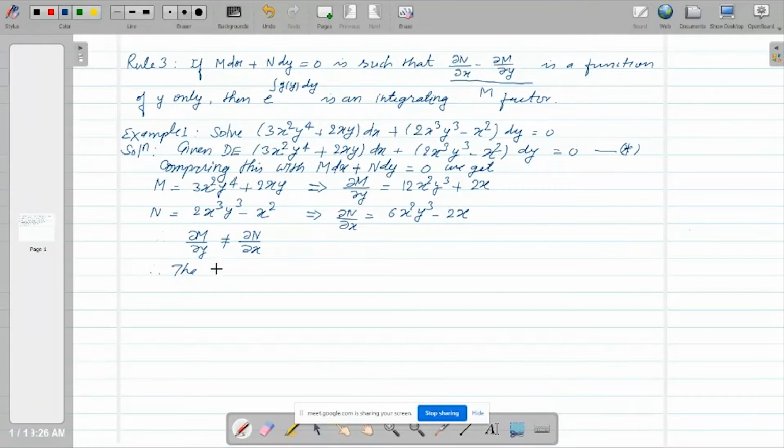The given differential equation is not exact. If the differential equation is not exact, then what do we have to do?